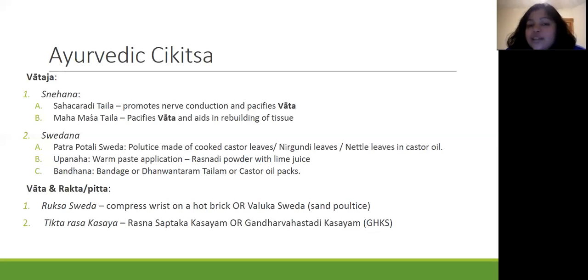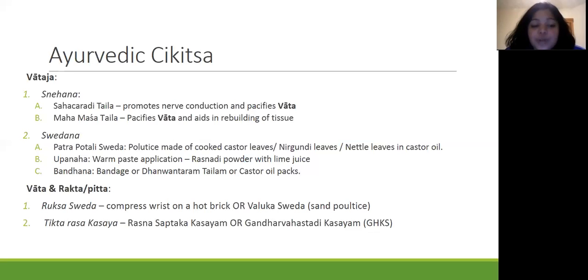So once you find that there is no more indication of any fluid there, those symptoms have started to subside, then you can do regular sneha sweda, or you can also supplement the ruksha sweda with an internal combination that will help to pacify the vata and rakta or pitta internally as well, systemically.